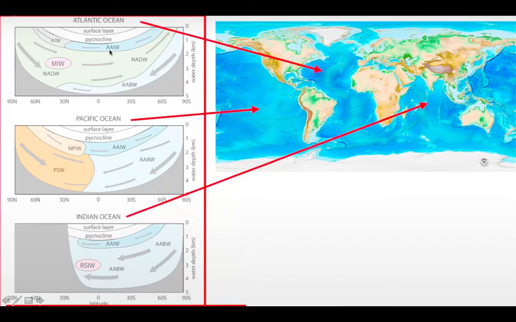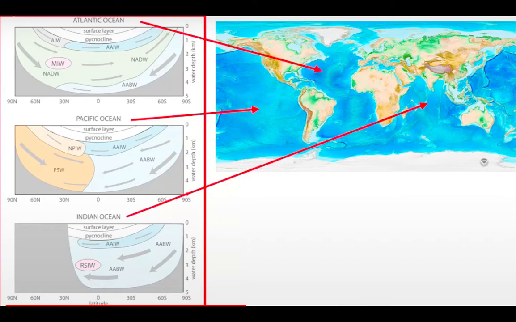If you have double A, that means Antarctic. Antarctic intermediate water. Here in this case we have NPIW. NPIW means North Pacific intermediate water. This is Pacific sea water. Okay, passive, it's not surface. Here we are considering it as sea, or subsurface.